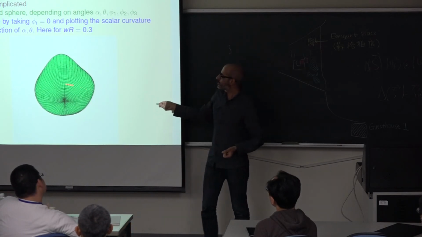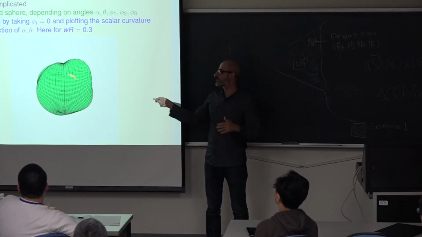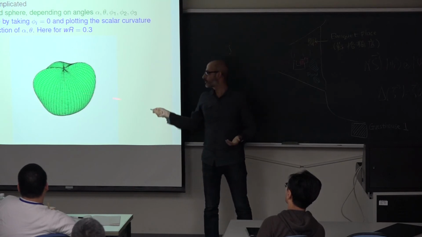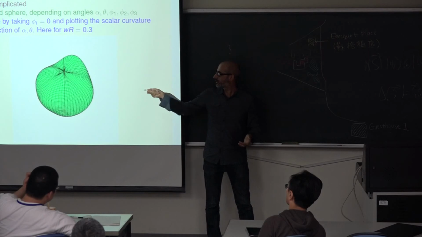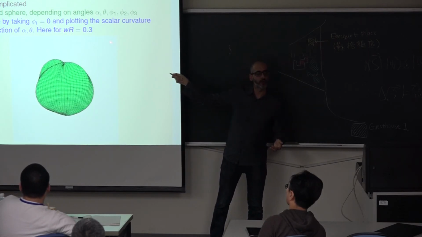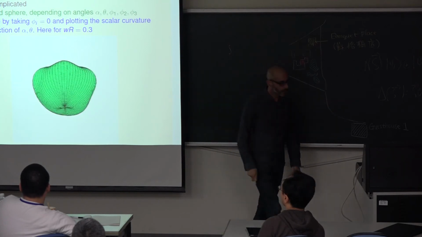And this tells you that this is a deformation of a sphere. If this was a proper S5, the scalar curvature is of course constant. It's 20 over r squared. So this would be a perfect sphere. Now you can see that by deforming it, and this is the deformation parameter W in units of 1 over the radius of AdS or of the sphere, it is given by this.